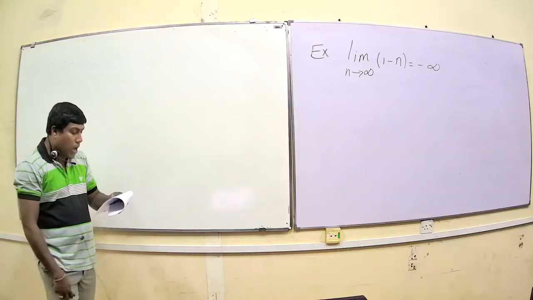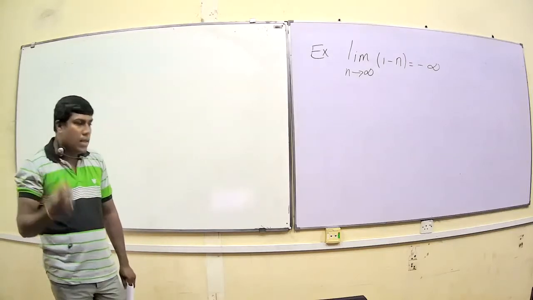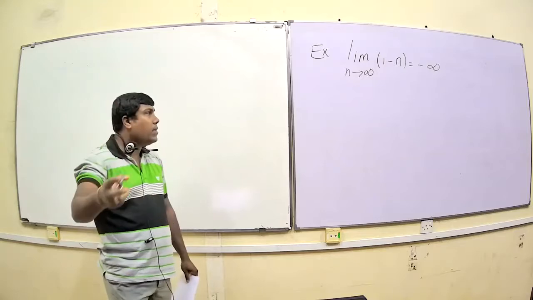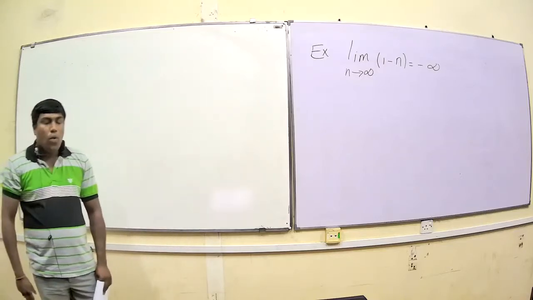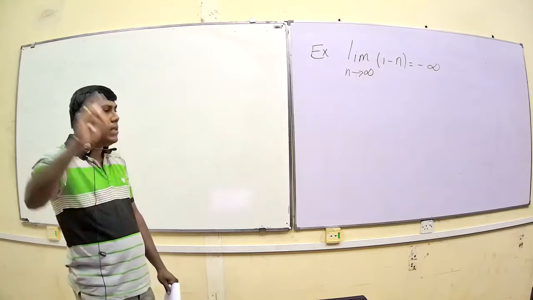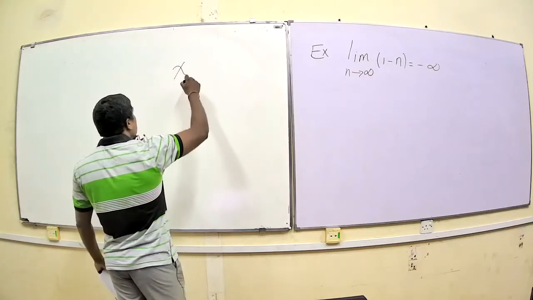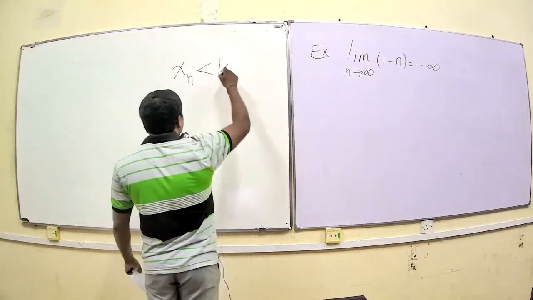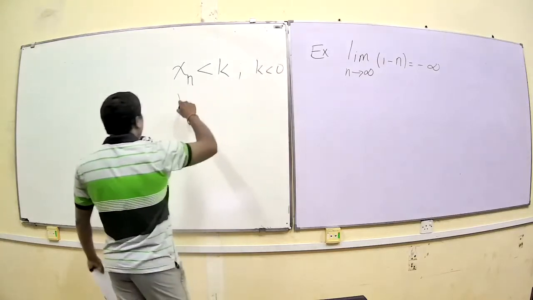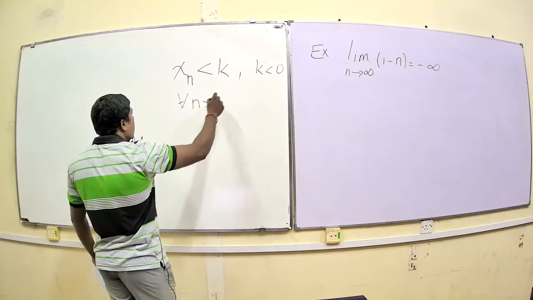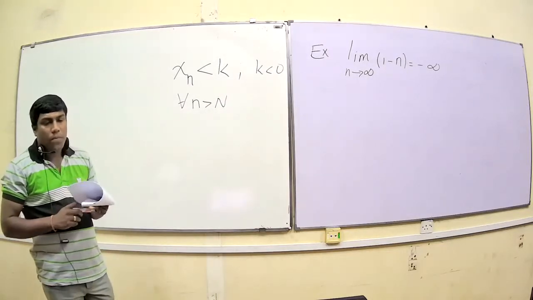Basically, you want to show that for a negative number k, 1 minus n is less than k for all natural numbers n larger than a certain N. So this is what you want to show.